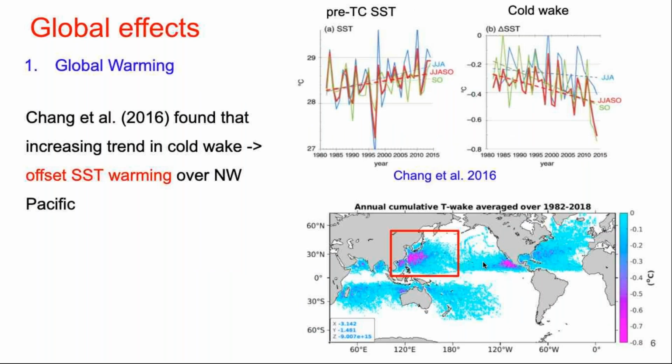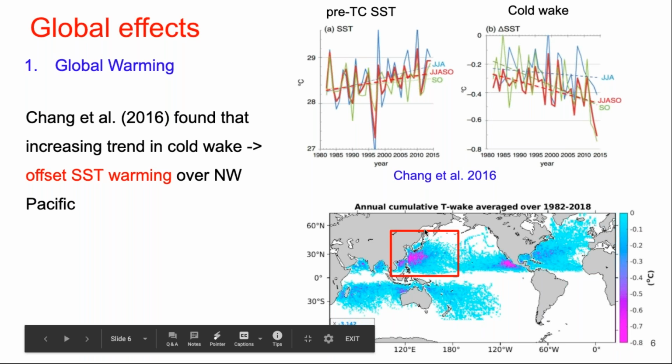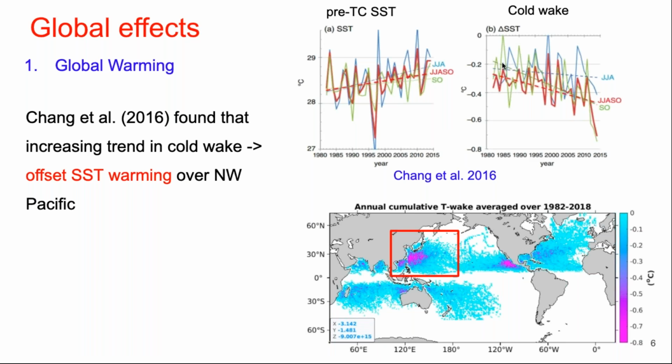The first possible effect was proposed by Chang 2016. They did their study over the Northwestern Pacific, and they found a decreasing trend in SST cooling, or an increasing trend in the cold wake, over this area.